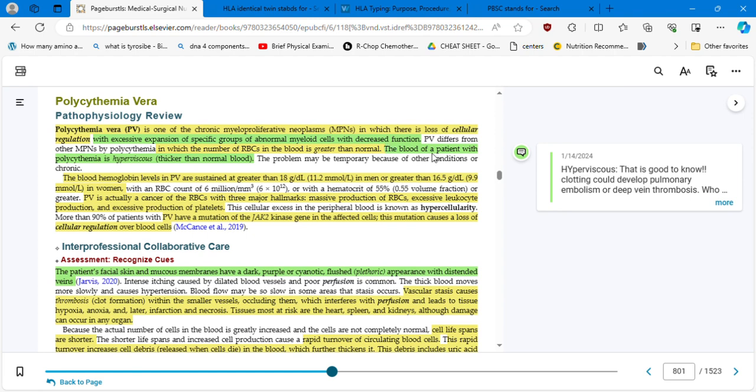The blood of a patient with polycythemia is hyperviscous, thicker than normal blood. This fact is good to know because clotting could develop, pulmonary embolism or deep vein thrombosis, because the blood is very viscous, right?